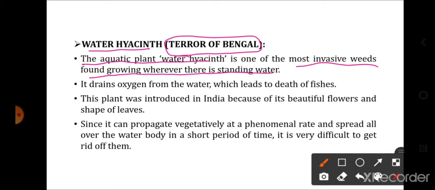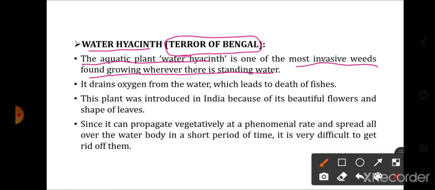It can propagate vegetatively at a very quick rate, and hence it covers the complete water body. Due to that, as its growth occurs very fast, all the nutrients will be taken up by the plant. It also drains the oxygen from the water, which causes the death of the fishes.